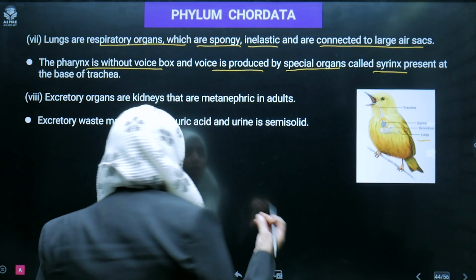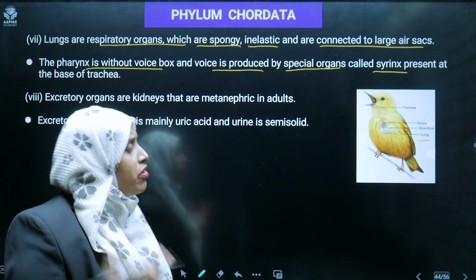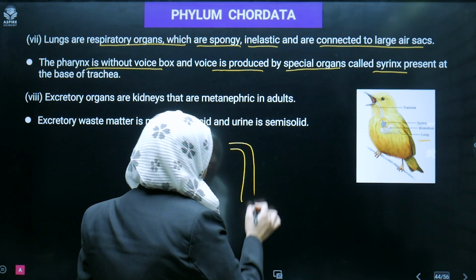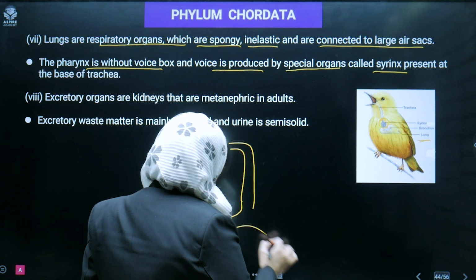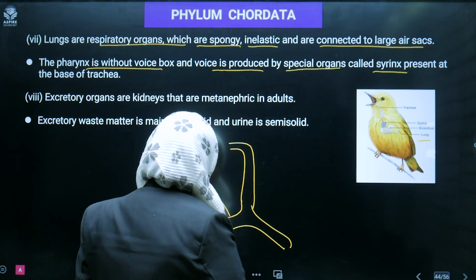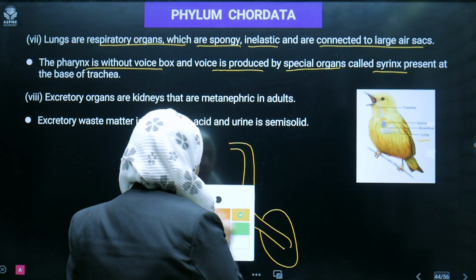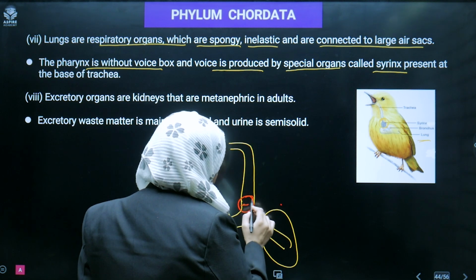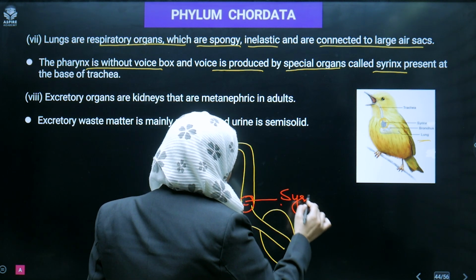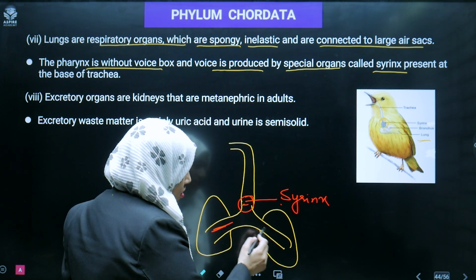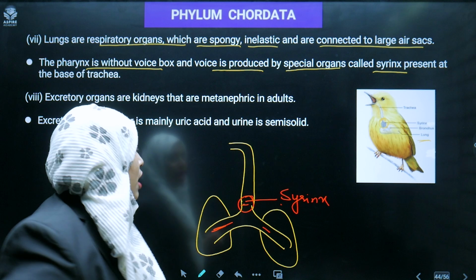It is just similar to the human respiratory system we have seen: firstly there is the windpipe, and then it enters the lungs. But the special structure in birds is the syrinx, present in this region. After that you can see the bronchial region, where the bronchi open into the lungs.